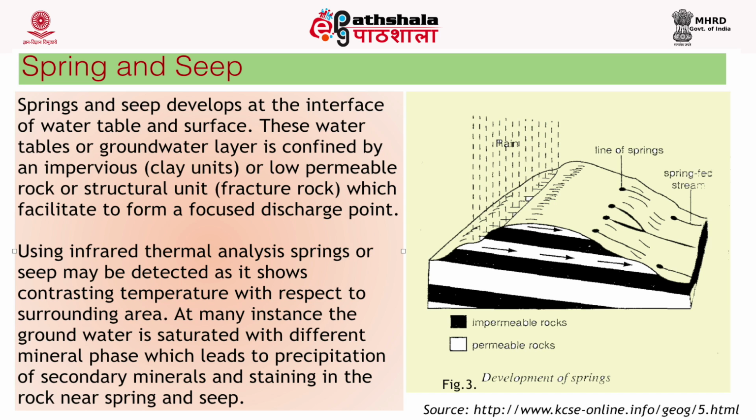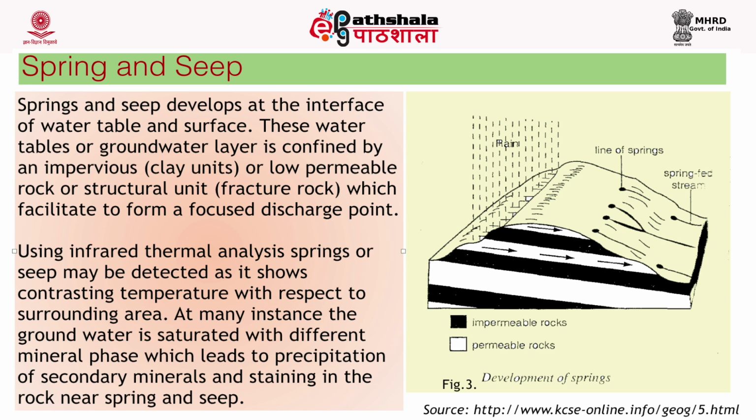So first we will take the example of spring and seep. Springs and seeps develop at the interface of the water table and surface. This water table or groundwater layer is confined by an impervious layer, that may be a clay unit or low permeable rock, or a structural unit like fractured rock, which facilitates the formation of focused discharge points.